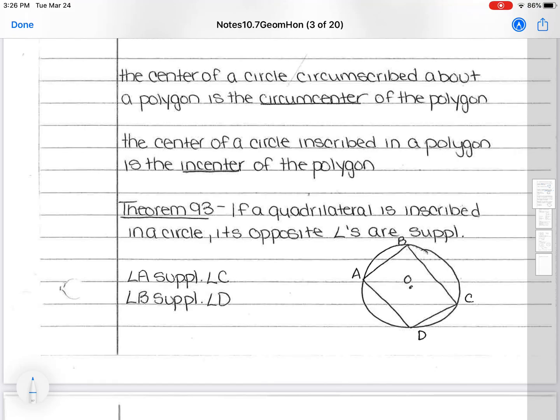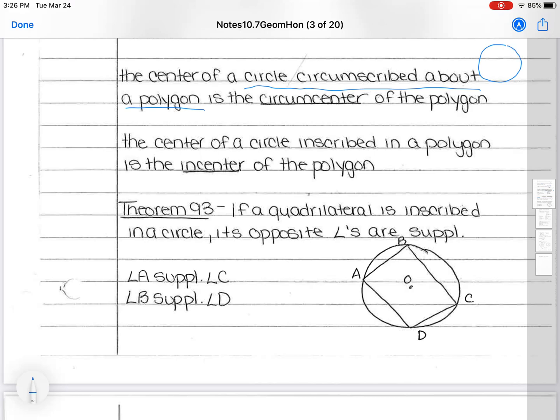All right. It says the center of a circle circumscribed about a polygon is the circumcenter. So there's specific vocabulary that's associated with it. Now, if we read the wording of this, you have to ask yourself, does the word circumscribed about give off the same picture that the definition did right above? It says the circle is circumscribed about a polygon.